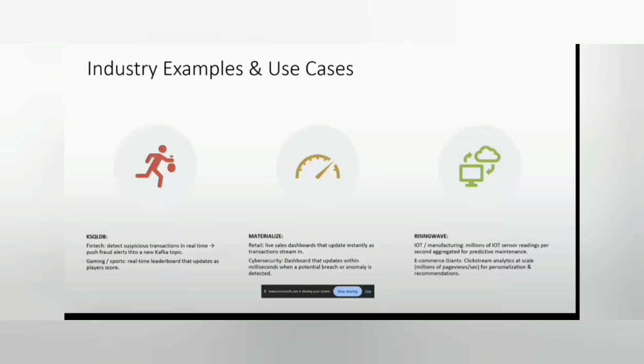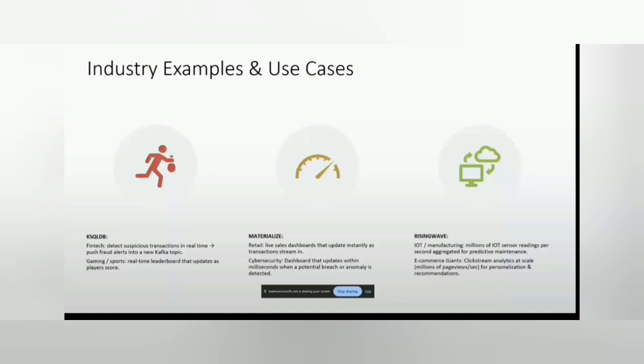KsqlDB, maybe in gaming and sports, when you want real-time leaderboards that update player scores, and maybe you want to push alerts into a Kafka topic. That's when KsqlDB comes in. If you want to run analytics of that scale. Materialize when you want dashboards that update instantly as transactions stream in, right? And Rising Wave, again, we took an example of IoT sensors and e-commerce. That's when you want to use Rising Wave.